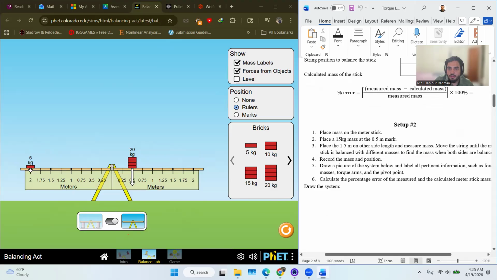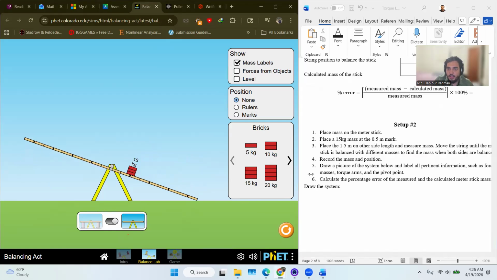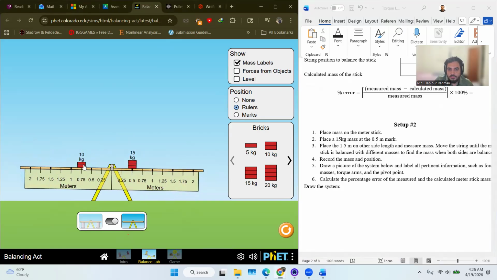Okay. Now we have to start the lab again with the 15 kg on the 0.5 mark, and place any object like 10 kg on the ruler.